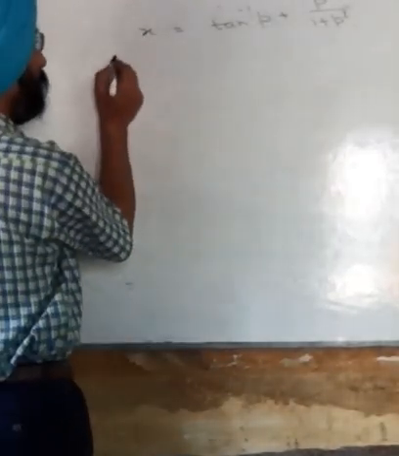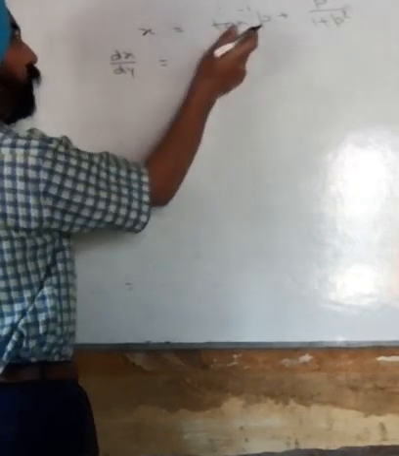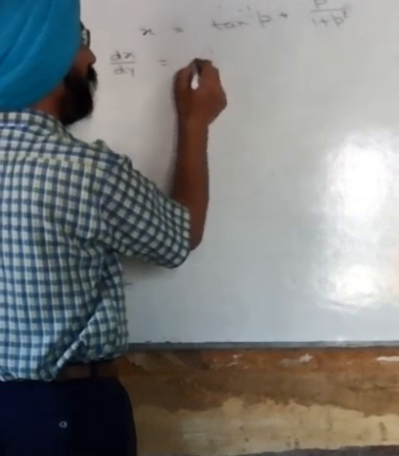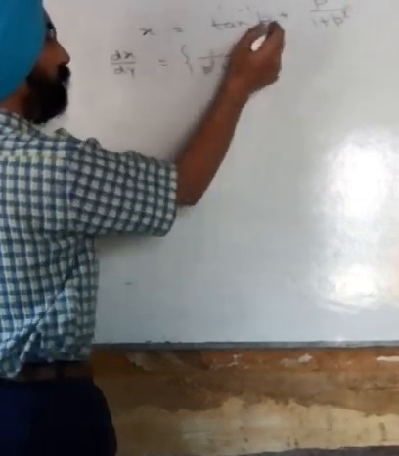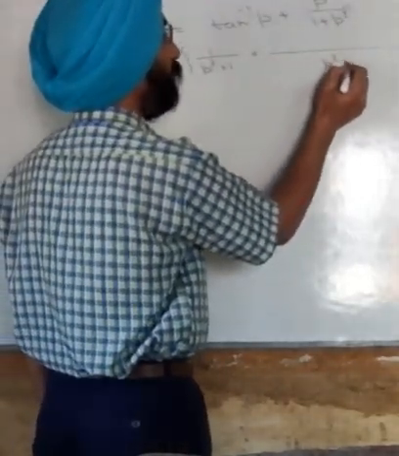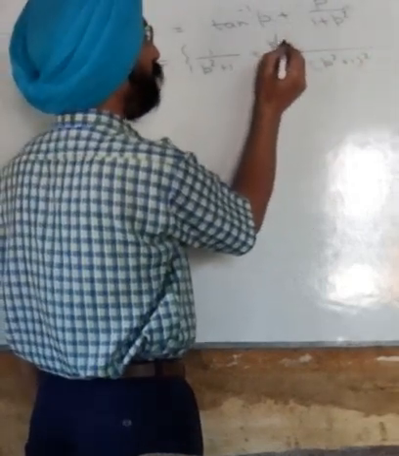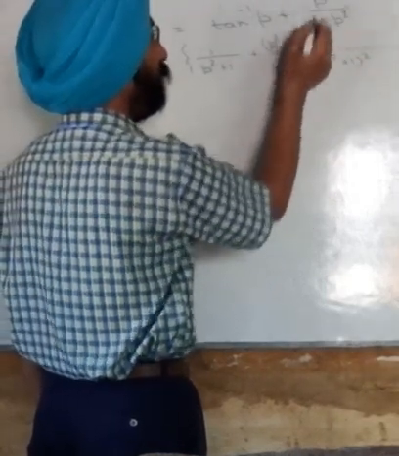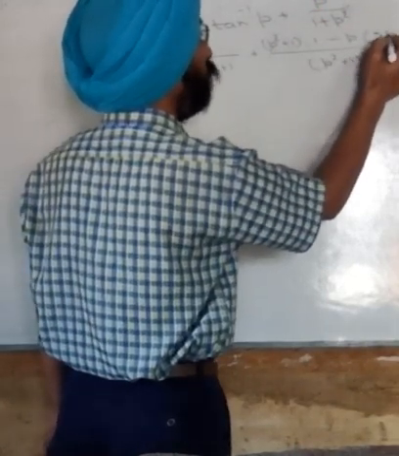So here you will get dx by dy is equal to derivative of tan inverse p is 1 upon p square plus 1, plus derivative of this is (p square plus 1) square in the denominator, then (p square plus 1) into derivative of p is 1, minus p into derivative of 1 plus p square is 2p square.